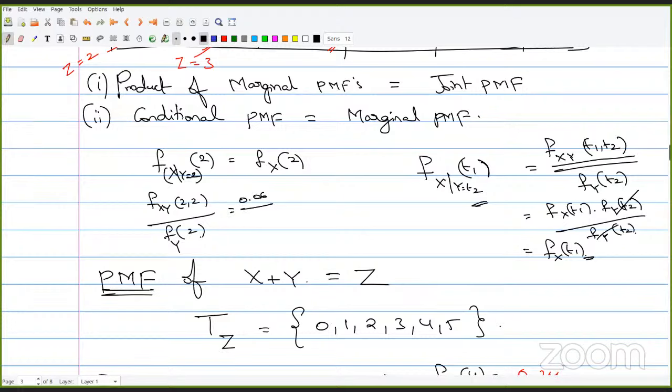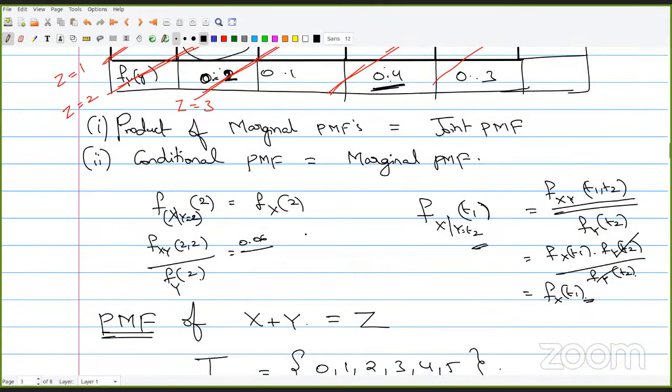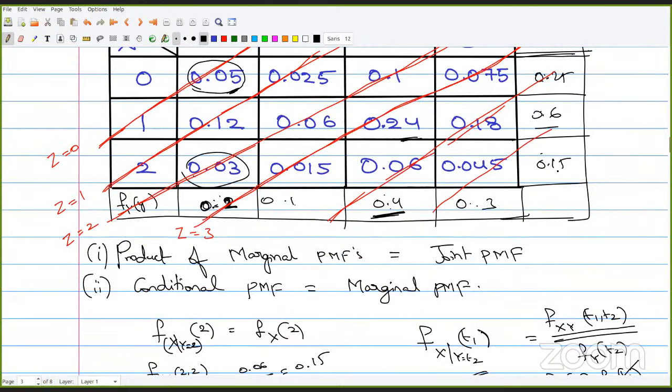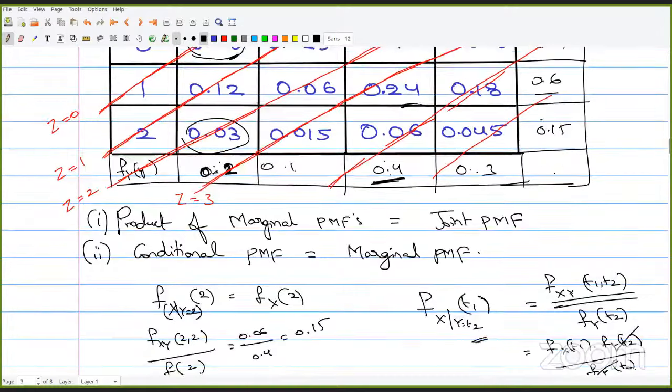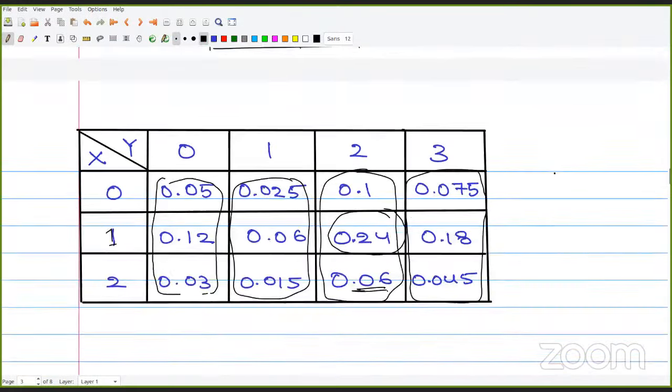What is fy of 2? 0.4. If you divide this, you will get 0.15. And this 0.15 is nothing but equal to fx of 2. You can check for any other. Thank you, sir.